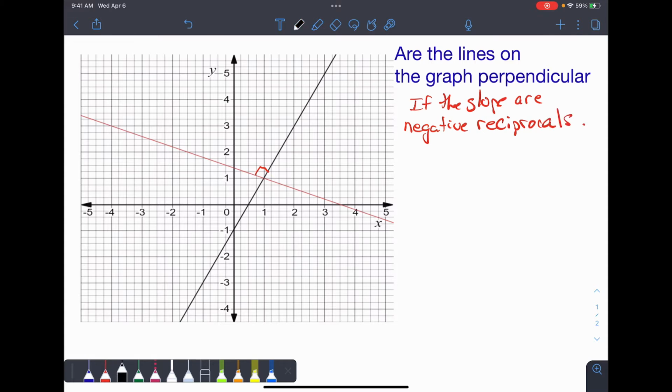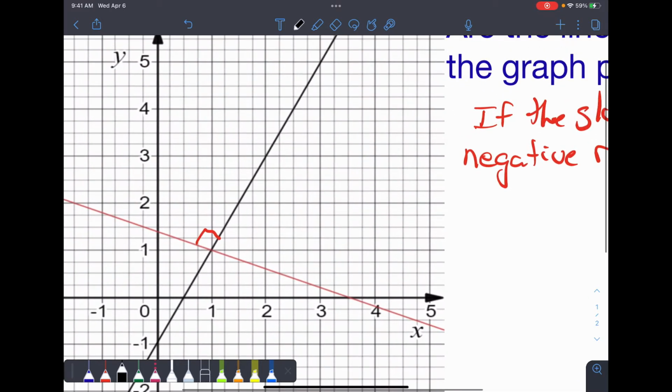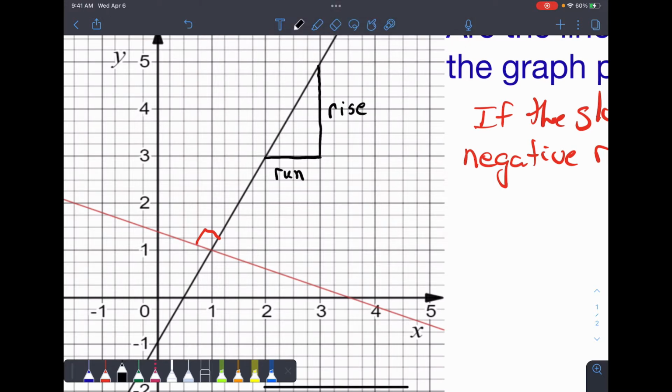So let's do the black line first. I'm just going to zoom in here and find a good example. So let's look at this triangle there. The rise and the run, that's what we use to find the slope.